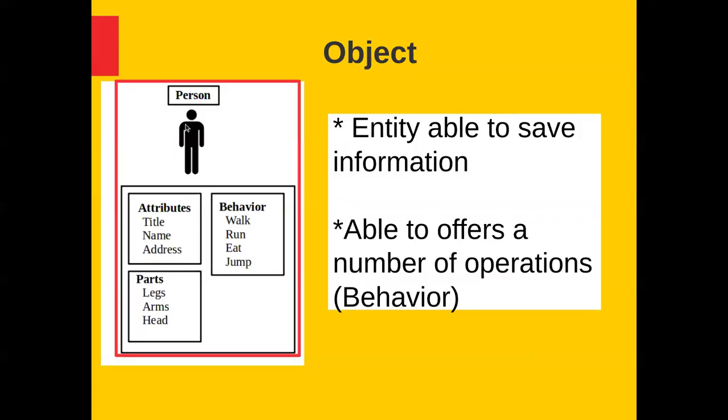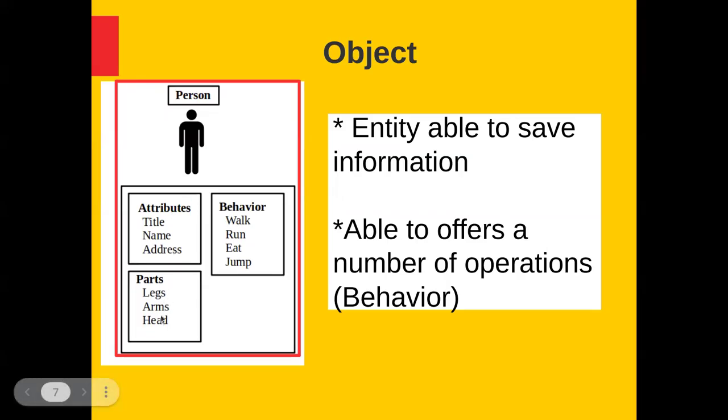This object has parts. The attributes, title, name, say Sasanka. The title name is Sasanka. Sasanka is a person, so it is a relationship. For these parts, the person has legs, a person has arms.